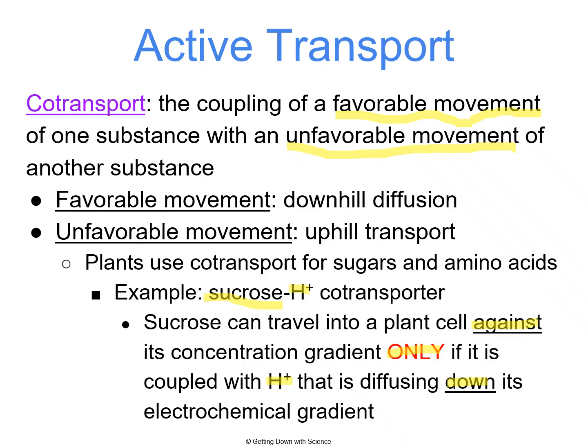An electrochemical gradient is suggesting that this is an ion, it's being moved like an electrical impulse. So the key thing to know for co-transport is that two molecules are being moved at the same time. One is moving in the direction of high to low, while the other is moving in the direction of low to high. So only one is being transported actively, while the other is being transported passively.